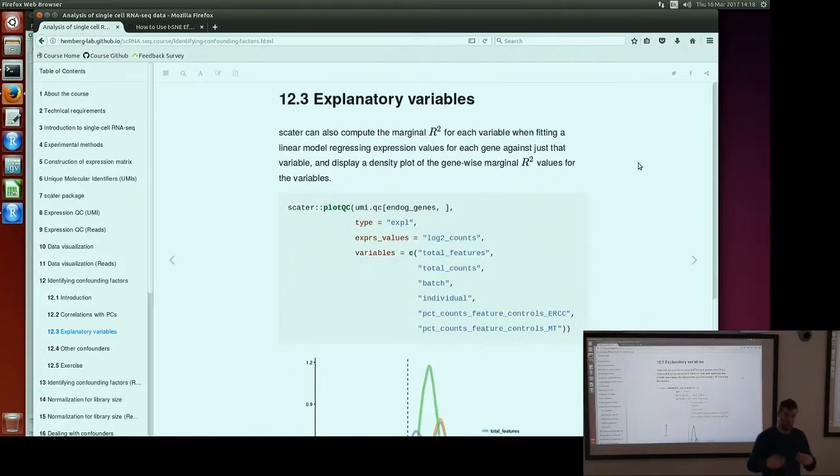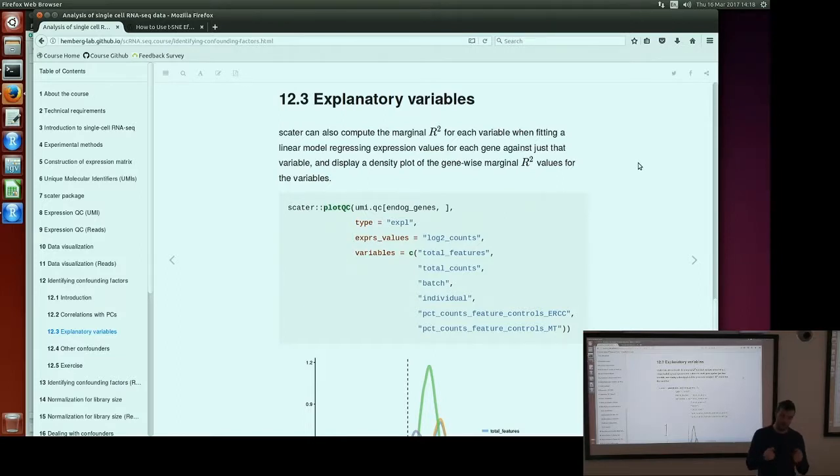So we can also switch to thinking about what explains variability at the gene level. And so also with the plot QC function, we can produce a plot with this command for a set of variables of interest, like total features and things like that.